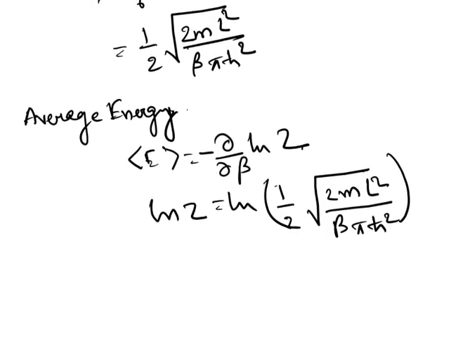So it will have a constant minus half ln β, right?